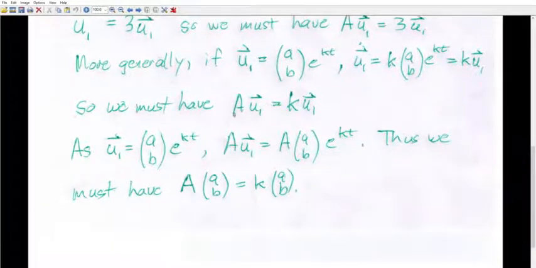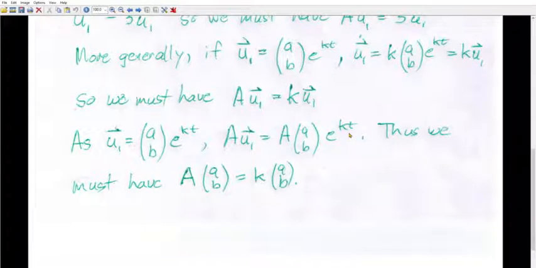So it must be the case that when we matrix multiply u1, we also get k u1 if we want a solution. Since u1 is (a, b) e to the kt, when you do that matrix multiplication, you end up with a column vector times e to the kt. E to the kt is just a scalar, it factors out. So what we need is A times the column vector (a, b) to be k times the column vector (a, b).